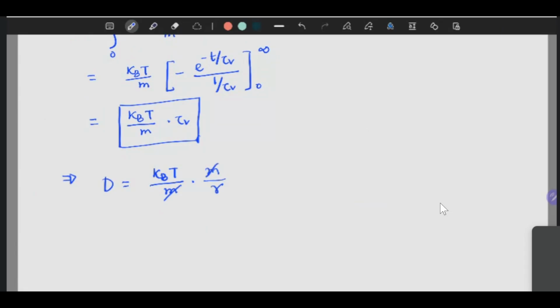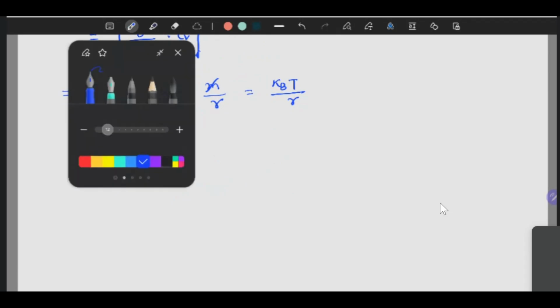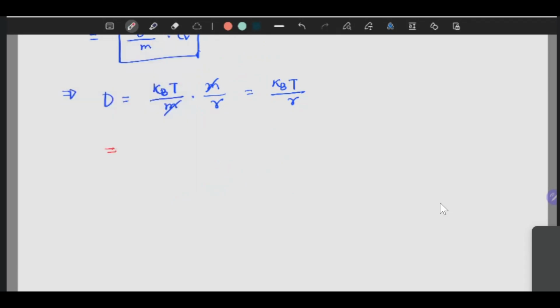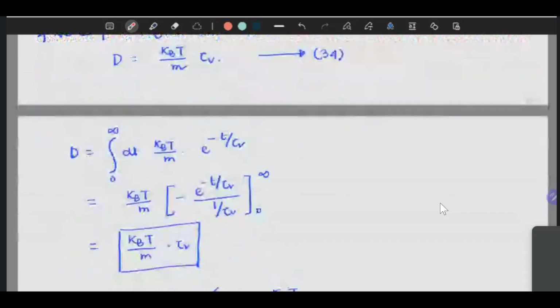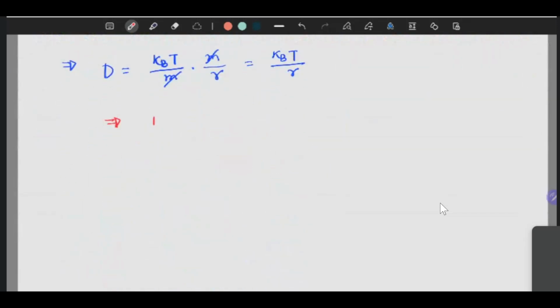M cancels out and it becomes kBT by gamma. This famous thing is called the Einstein relation: D equal to kBT by gamma equal to kBT by 6 pi eta a.